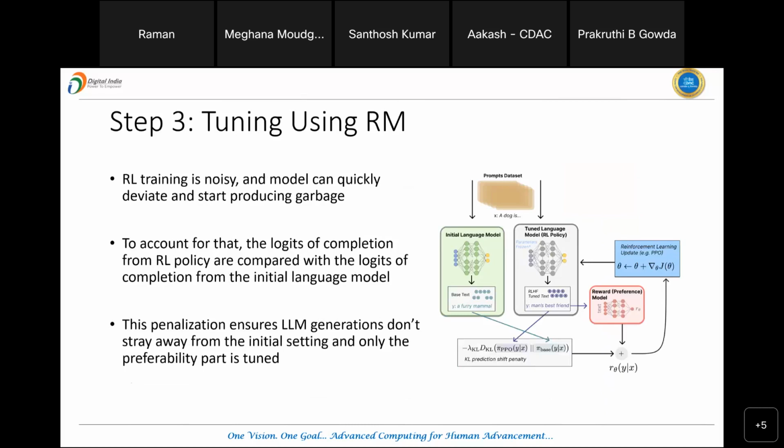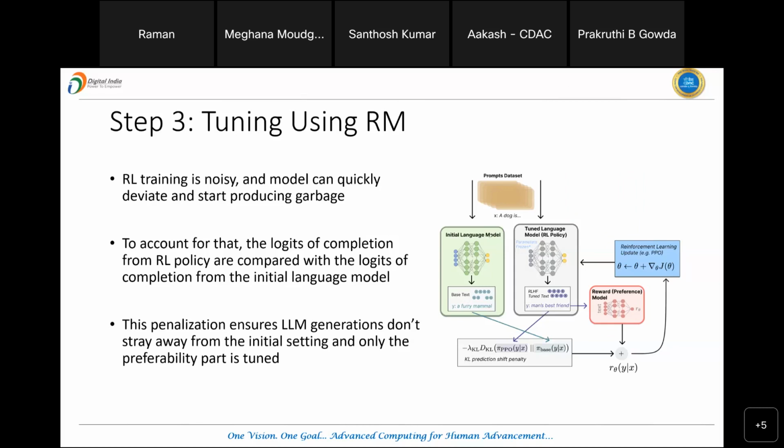One last step is that tuning using the reward model as well as your PPO algorithm is a bit noisy. So your model can quickly start to deviate and start producing garbage. To make sure that this doesn't happen, you need to have two things.